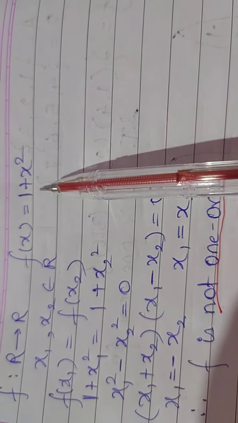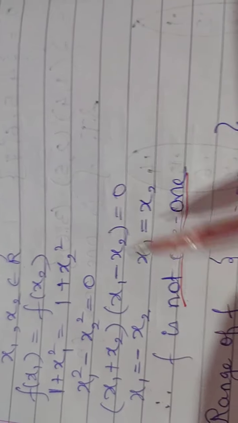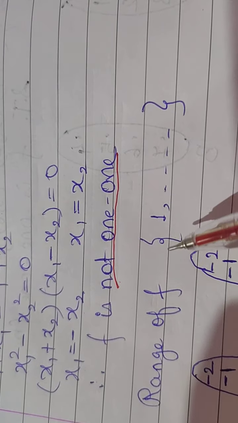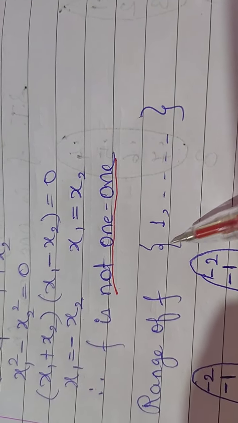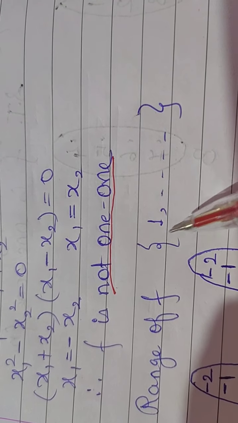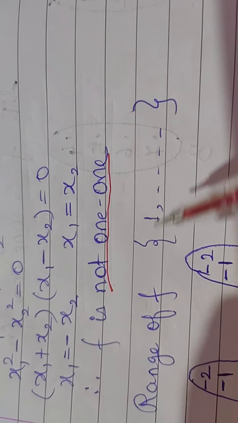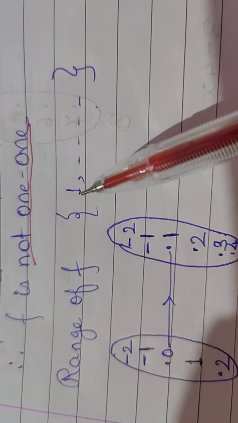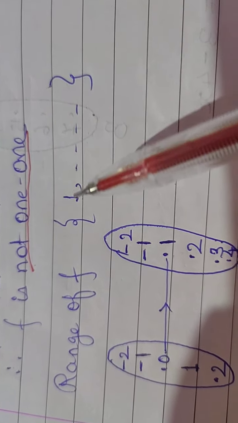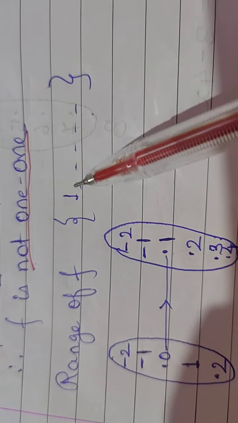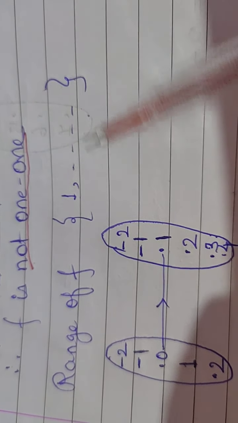Okay, so f of x is always 1 or more. Hence, in this range, we get all the positive values which are 1 or more than 1. When x is 0, then in that case it will be 1. Okay, so the range of f contains all real numbers greater than or equal to 1.